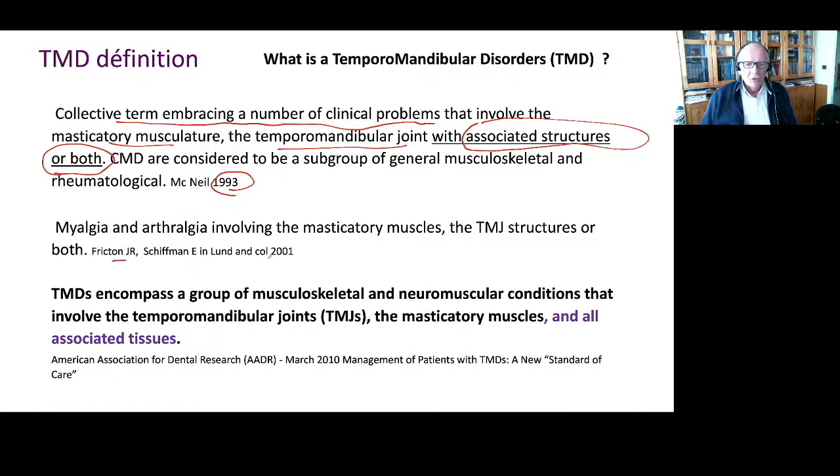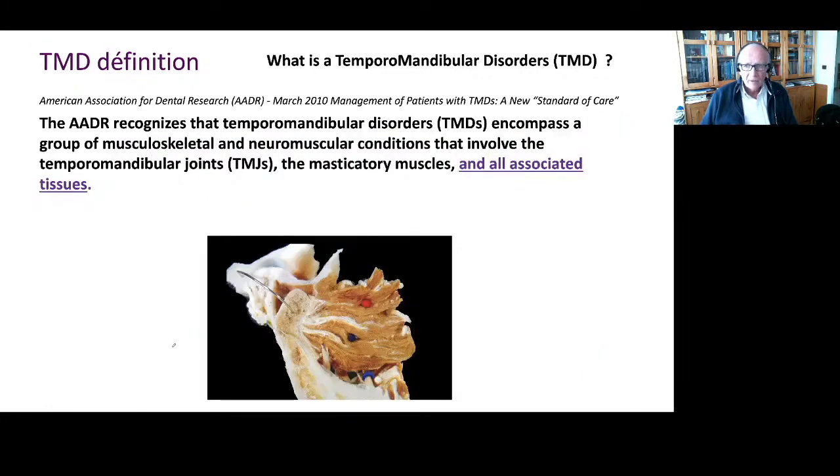So the definition from Okeson in 2001 is better. The definition from the American Association of Dental Research stays in the same confusion with this phrase, all associated tissues. I understand musculoskeletal, okay, and neuromuscular.